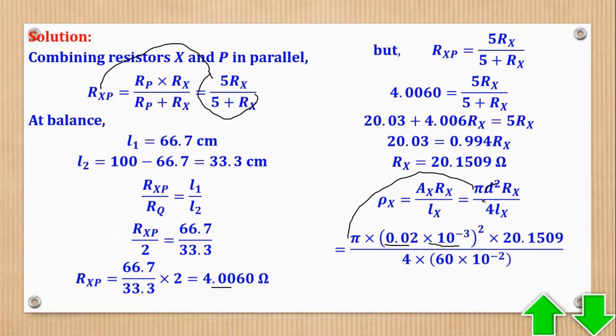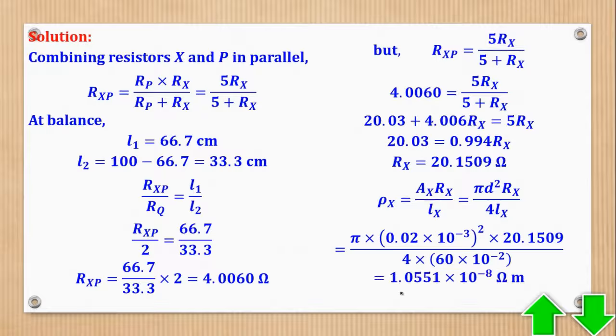But it is squared, that's why I put a square here. Resistance, we have got it here, 4 is here, then the length was this, but it was centimeters, so we multiply by 10 to the power negative 2 to make it meters. Then use a calculator to come up with the resistivity they want.